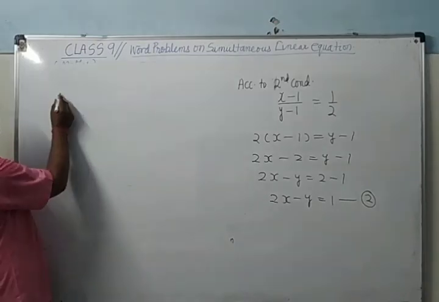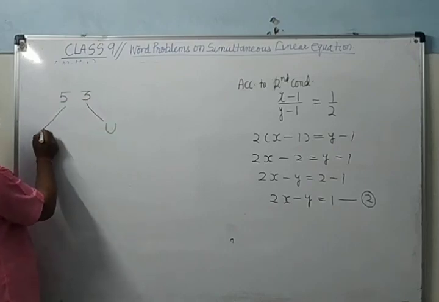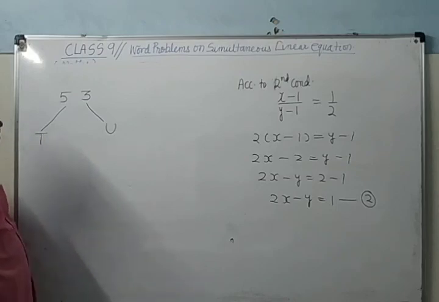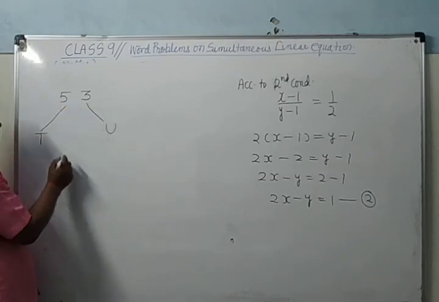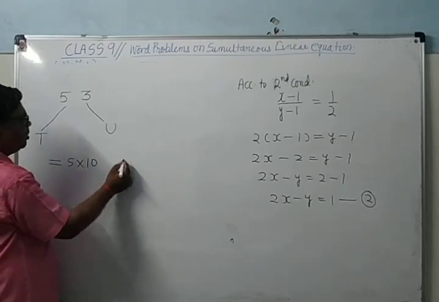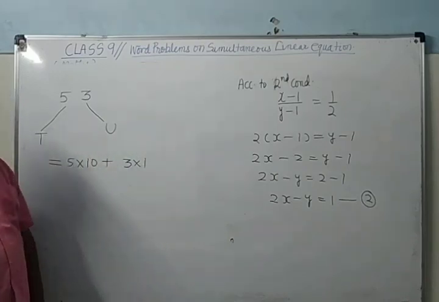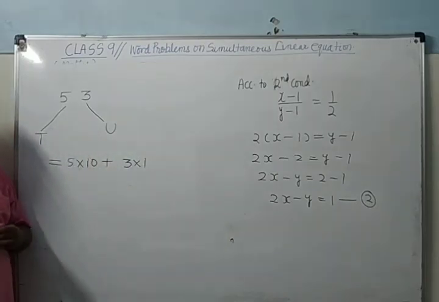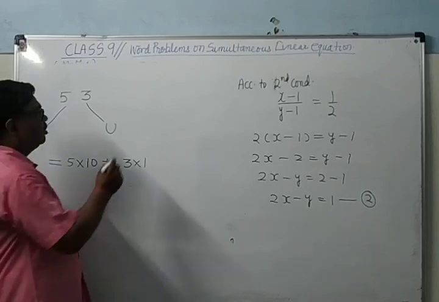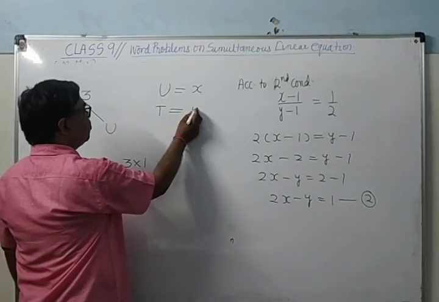For example, this 53, 3 is the unit digit and 5 is the tens digit. It's clear. How can you write this number in the expanded form? The tens digit has to be multiplied by 10, the unit digit by 1, and then add. In expanded form we will write this: tens digit by 10, unit digit by 1, and then add. Suppose the unit digit is x and tens digit is y.